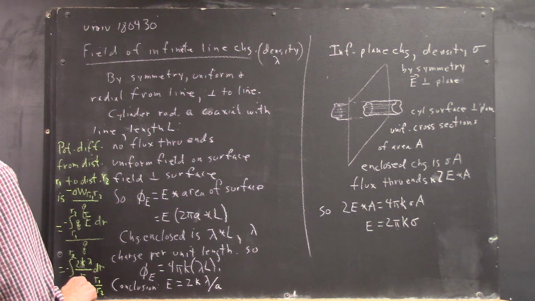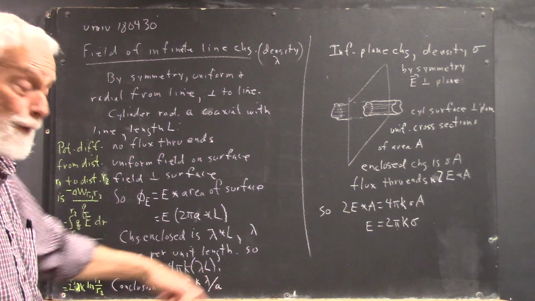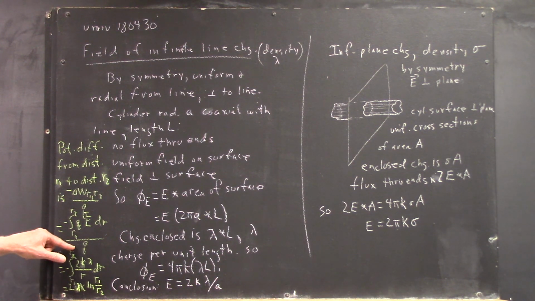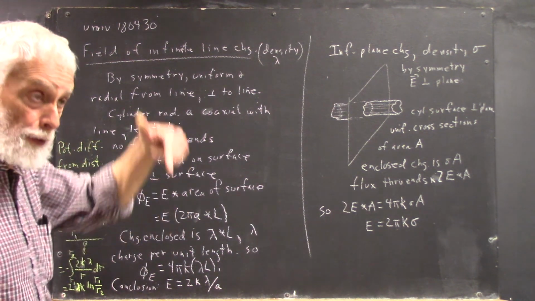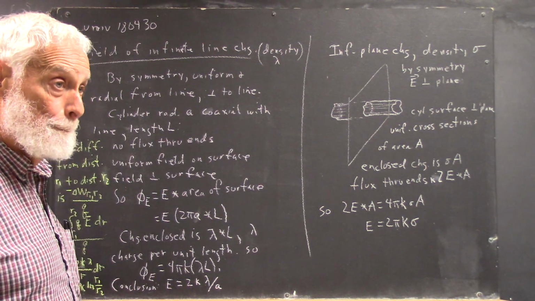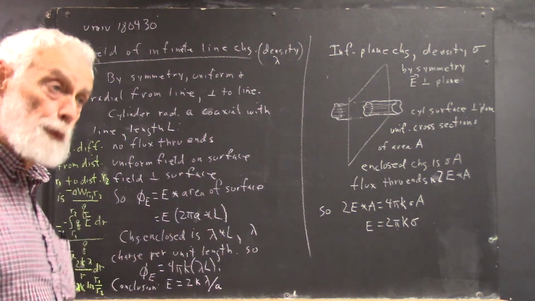It's 2 lambda times k, not pi times k, right? There's no pi in this thing. Okay? 2 lambda k is going to be positive, right? Which means that you better get a negative here if you're moving from a smaller, if R1 is less than R2. If R1 is less than R2, you're moving in the direction of the field, which is going to decrease your potential energy. Okay? Because the field is doing positive work on you, and the change of potential energy is equal and opposite to that.